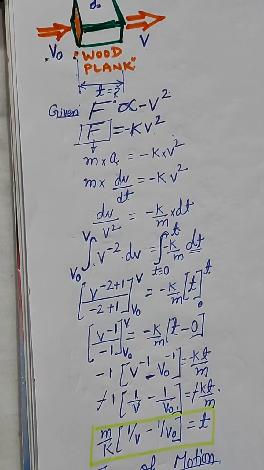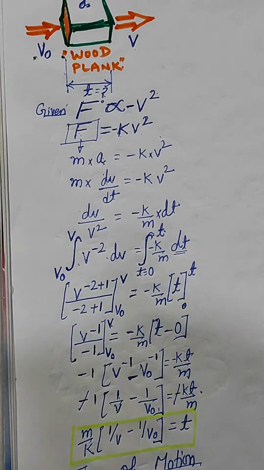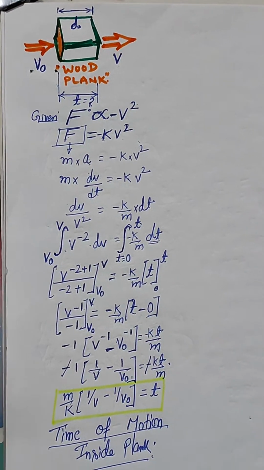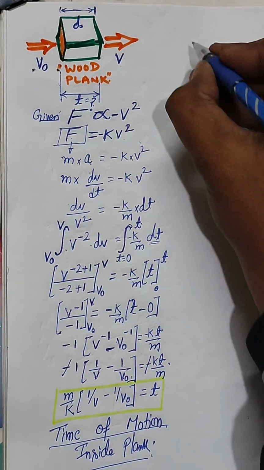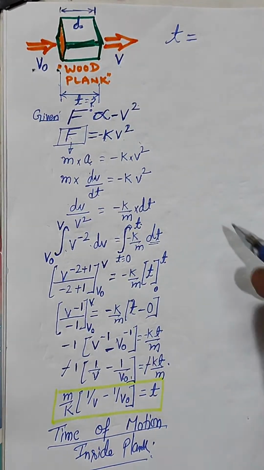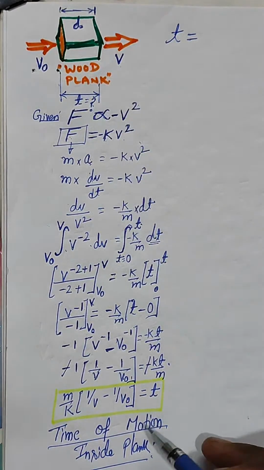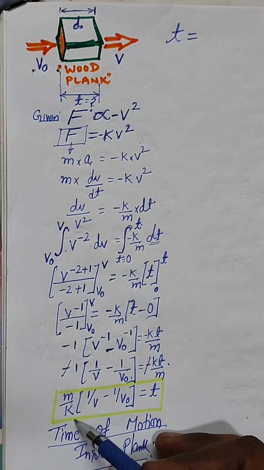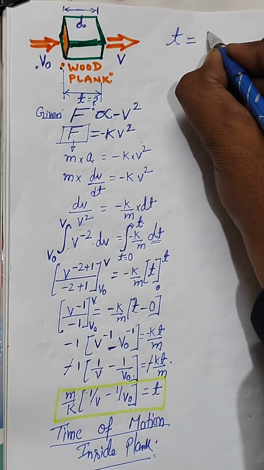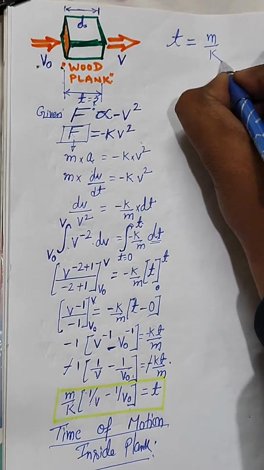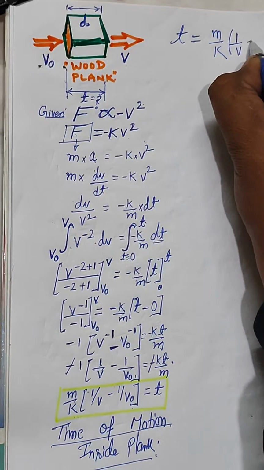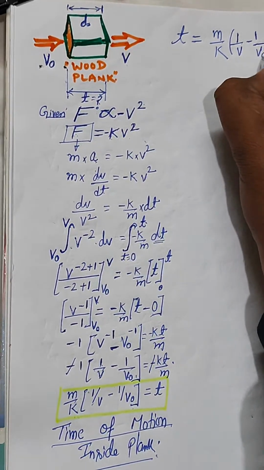What is that? Let us see. So whatever we have derived, just put it over here at a single place. The time of motion inside the plank is what we have derived: t is equal to m by k, 1 by v minus 1 by v0, right?